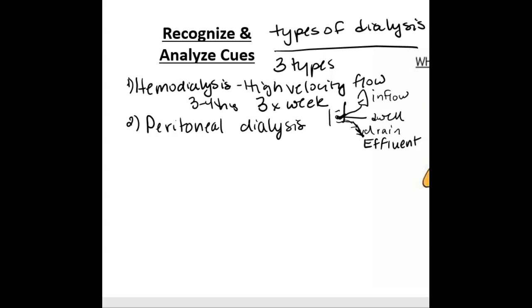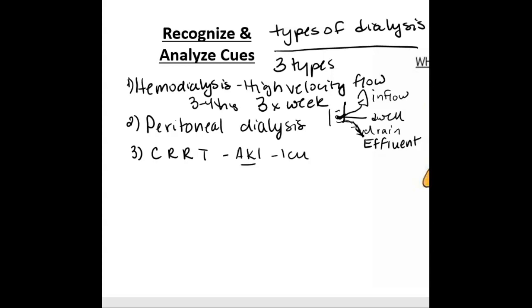And then the third type that we have is something called continuous renal replacement therapy. So CRRT for short. And this type of dialysis is done for AKI. It's not done for end-stage renal disease. It's for acute kidney injury. And this is the one that the person is in the ICU.